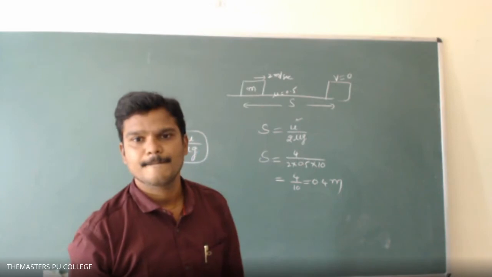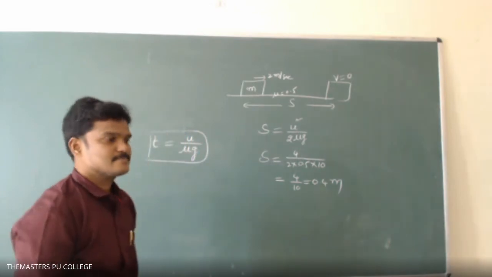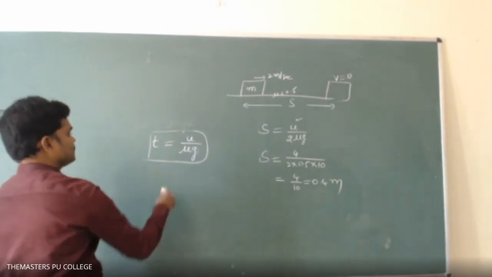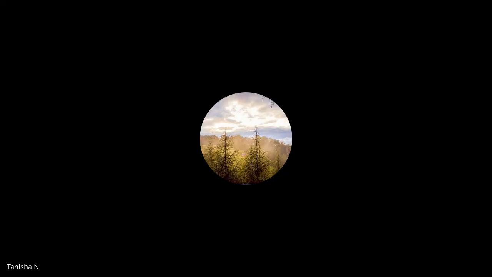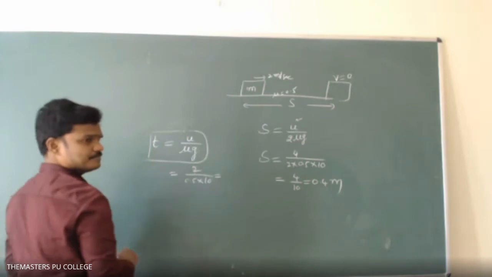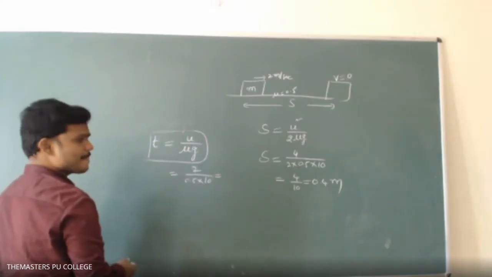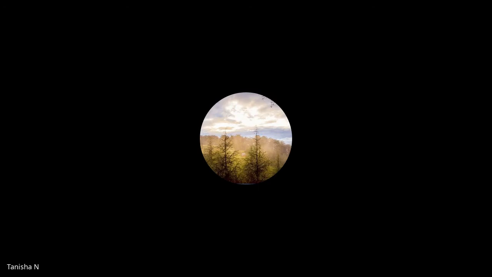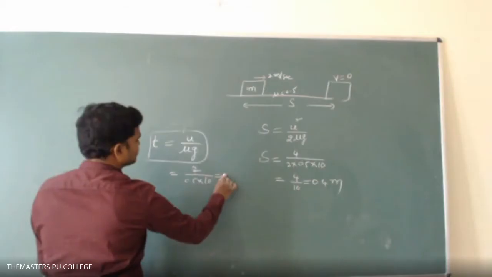Now time is how much? t is U by mu g, 2 by 0.5 into 10. Sorry, U is 2 now. Tell me how much it is now. 0.4 seconds.